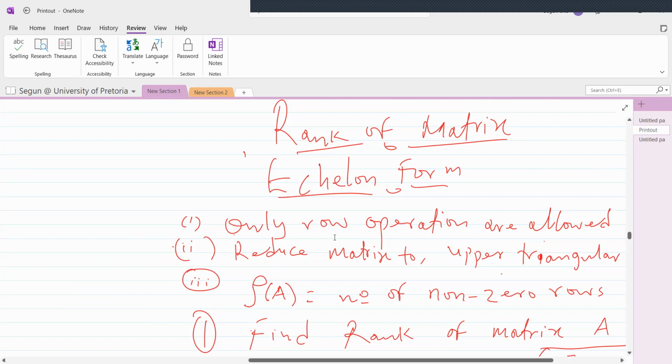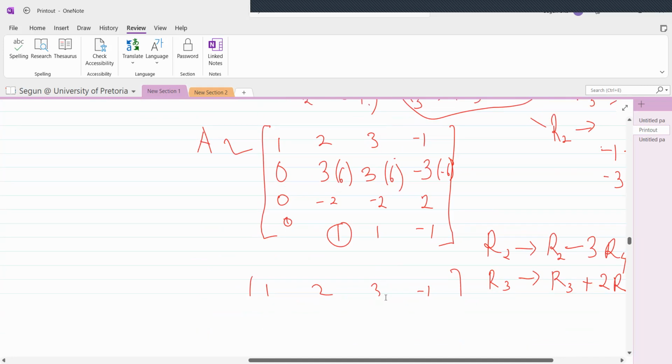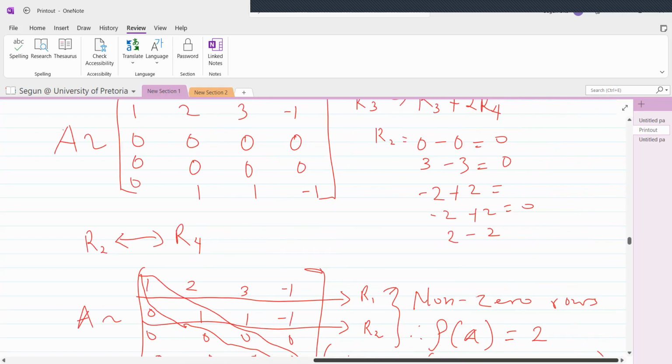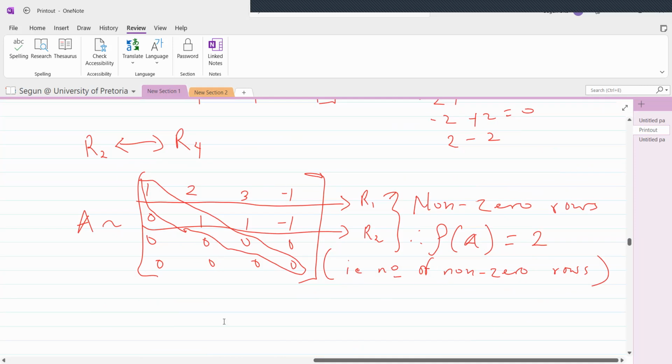See, only row operations are allowed here, and I explained everything to you about it. Look at it. Non-zero rows. It's very simple. How many non-zero rows do you have at the end of the day? That is the rank of that matrix after your reduction. Do you agree now?